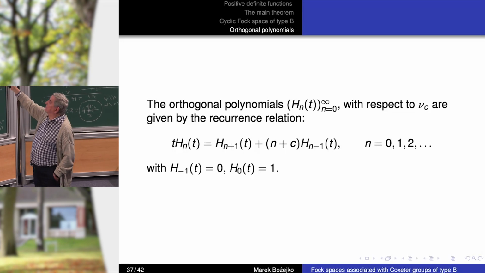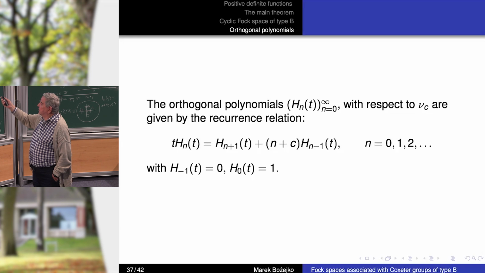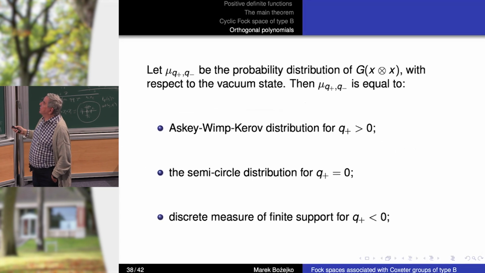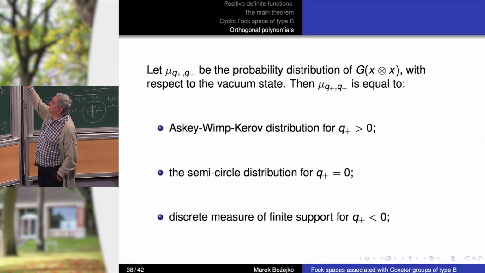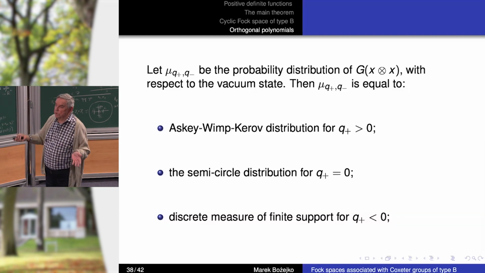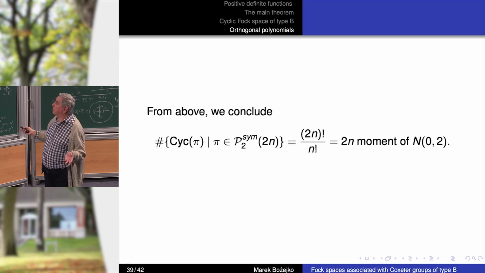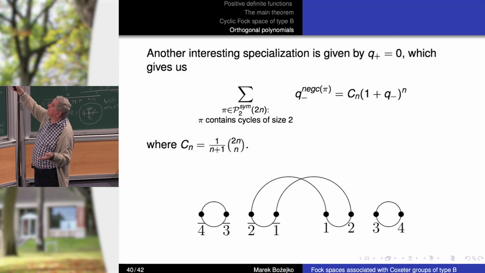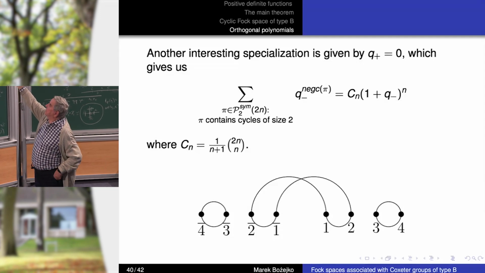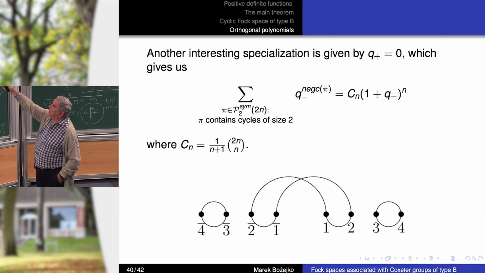C can be bigger than -1, and that is what we call the ASCII-Kerov distribution. For Q positive, we obtain the ASCII-Kerov distribution, a semicircle for Q, and for Q plus negative, we obtain a discrete measure, like in some generalization of fermionic. And then we have the moments, and the special case when Q plus gives just Catalan numbers.